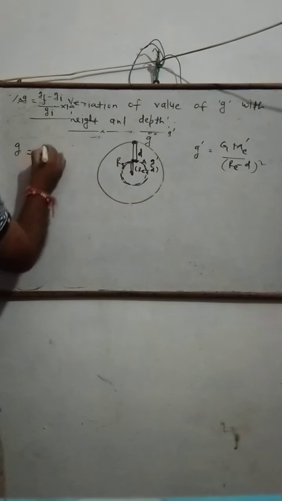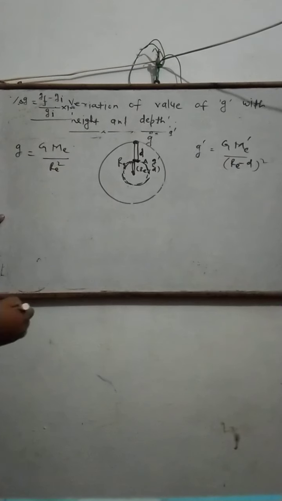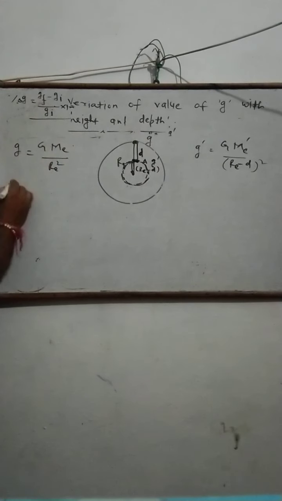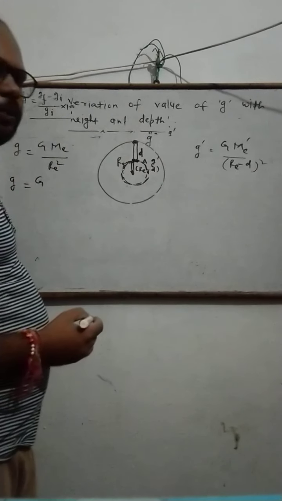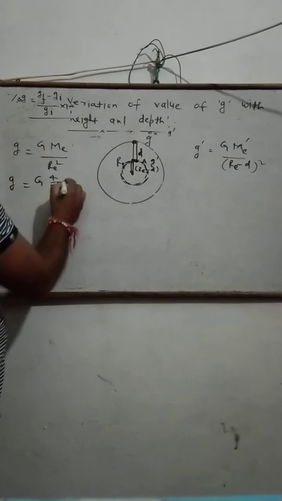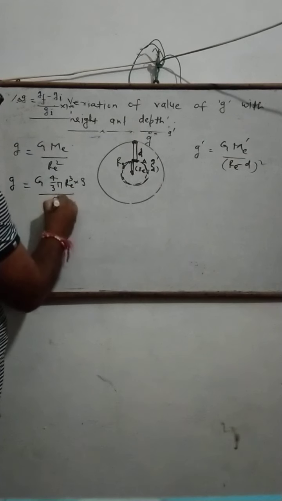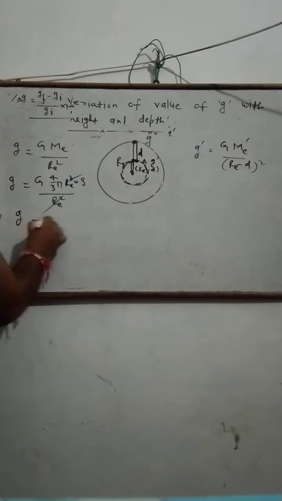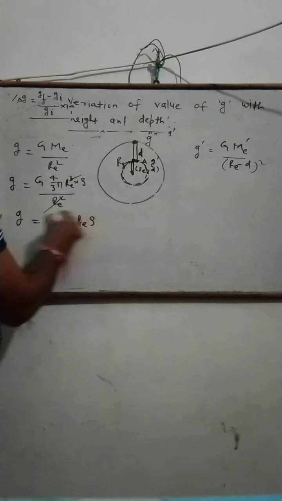It is g equals G Me upon RE square. Here you can also write mass equals volume into density. So it is G into 4 by 3 pi RE cube into density upon RE square. RE square will be cancelled out. So this will be g equals G 4 by 3 pi RE rho.